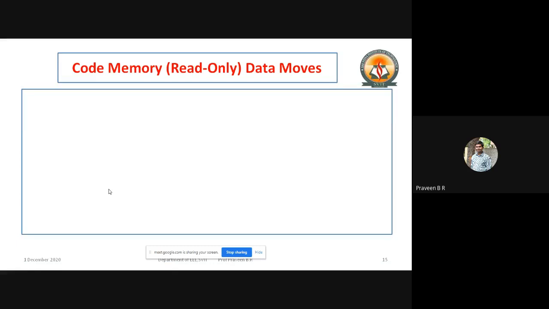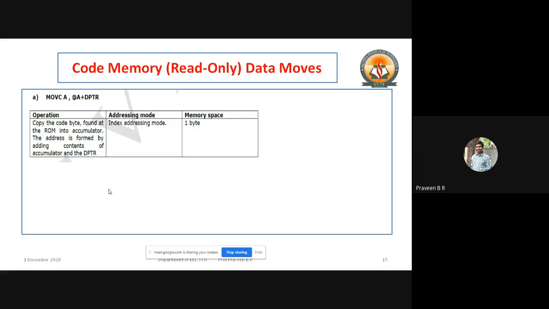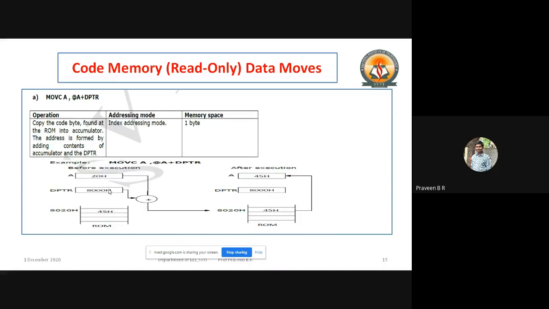Code memory is with respect to program counter and data pointer. We are going to consider the data that is present in the data pointer and the data that is present in the accumulator. Both are added, and that sum is going to specify the memory location. Such type of addressing mode is called index addressing mode.